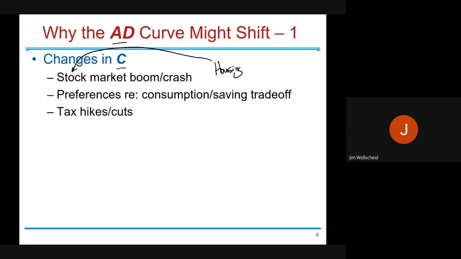Replace the term stock with the term housing, and you get the same kind of relationships. You guys are getting too young now, but the last time we saw this was in 2008. We're actually seeing it again now. As housing prices rise, people feel wealthier. And as they feel wealthier, we're going to start to increase consumption.